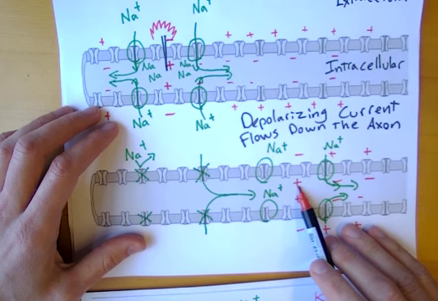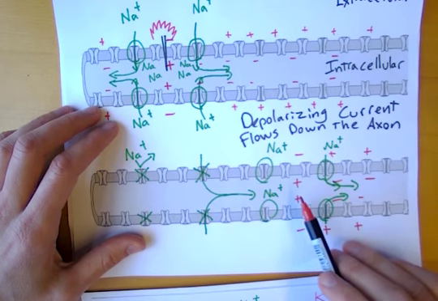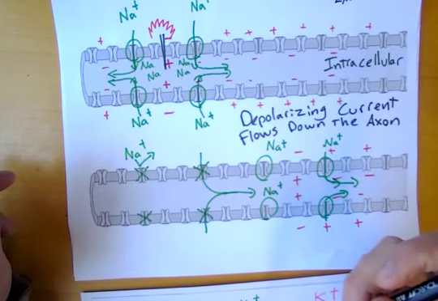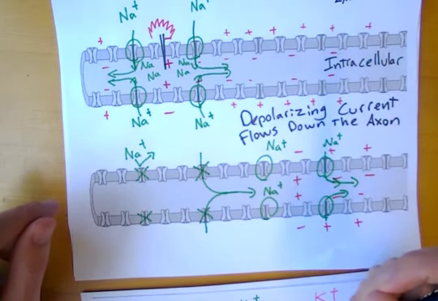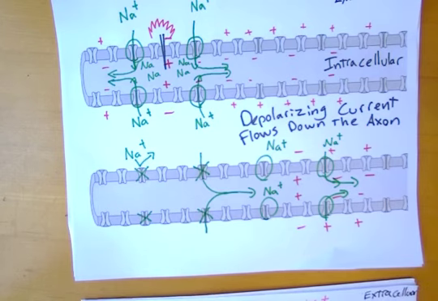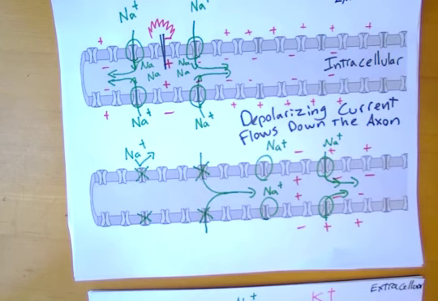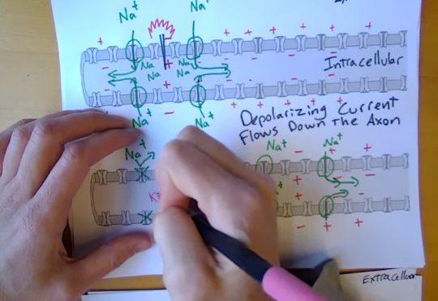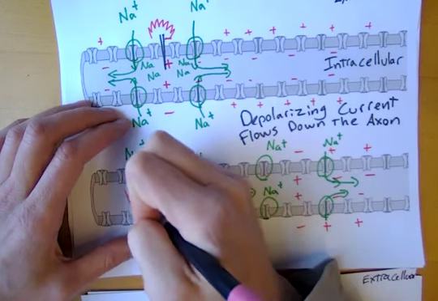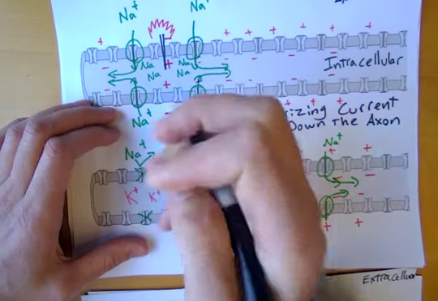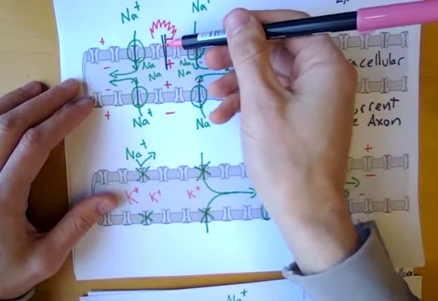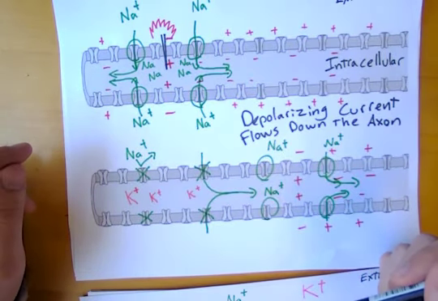So why doesn't it just stay positive on the inside? Well, enter potassium. As we know from before, potassium is much more concentrated on the inside of our axon. So we've got lots of potassium floating around in here already. It was already here, even before we punctured the axon with our microelectrode.